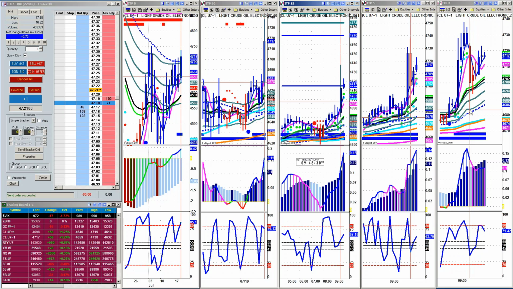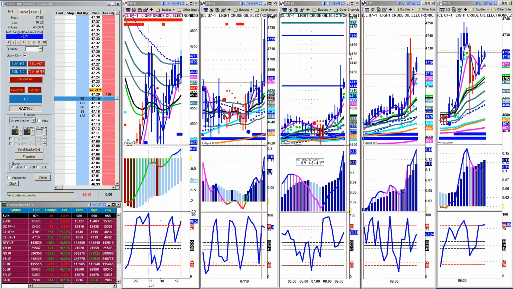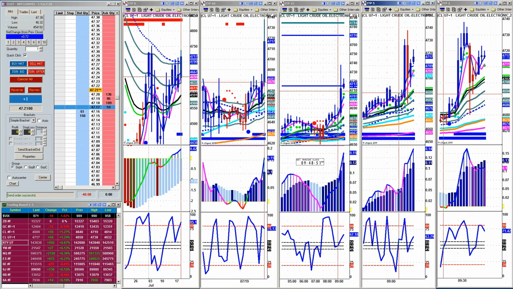Okay, so what I'm looking for here, ideally I like to have this hold the speed lines and then start pushing up here, more to these higher levels. But this whole area now is one big fat layer of support. We have rising support underneath.